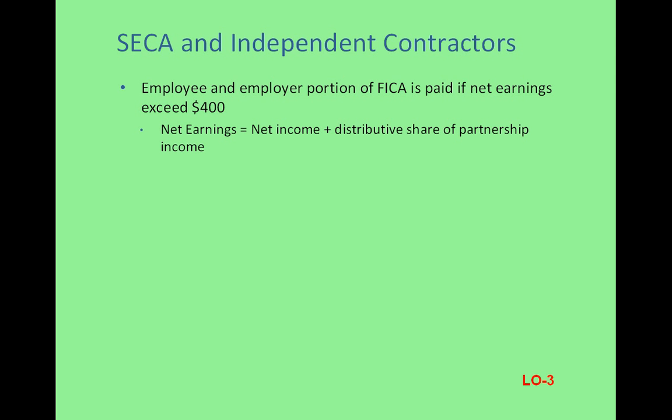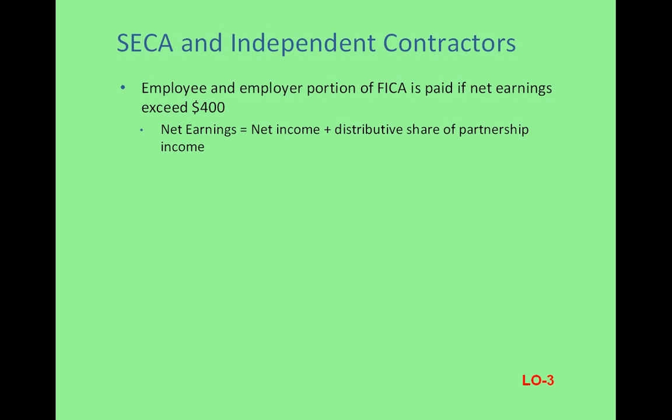And it dealt with independent contractors and the self-employed, and essentially what it did was said that you have to start paying both the employer's side of Social Security and the employee's side of Social Security, because you would unfairly burden the system and not pay in your fair share if you're only paying one side of that or the other as a self-employed. So it made it clear you're going to pay both sides, employee and employer.